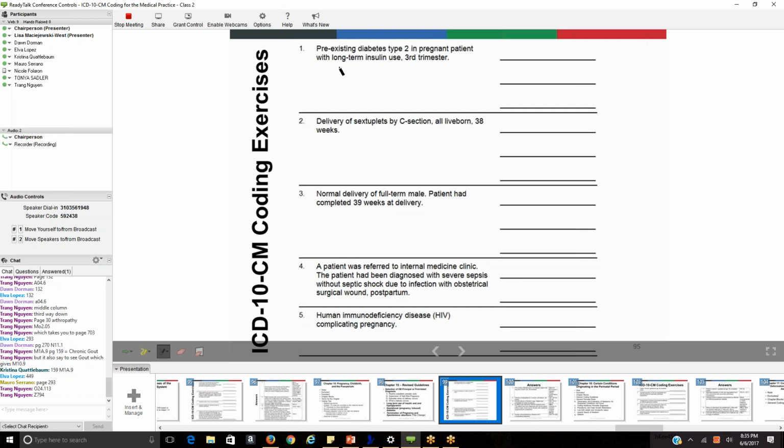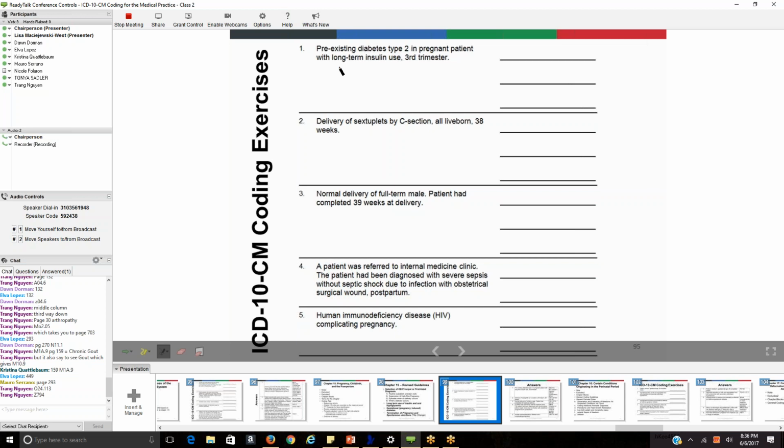Then you're going to have Mauro and Nicole code the type 2 diabetes in the pregnant patient, and then long-term insulin use will be Christina and Elva. Okay, Trang already got the pregnant diabetes type 2, which is O24.113.